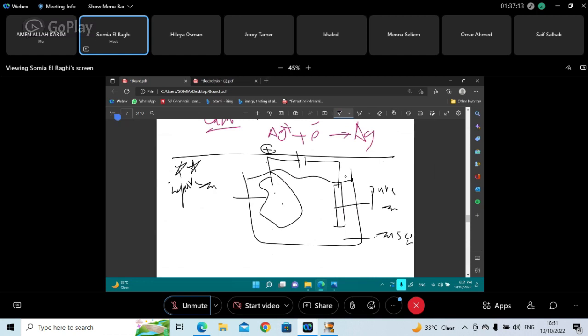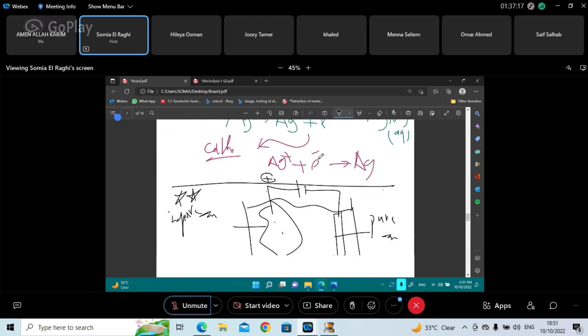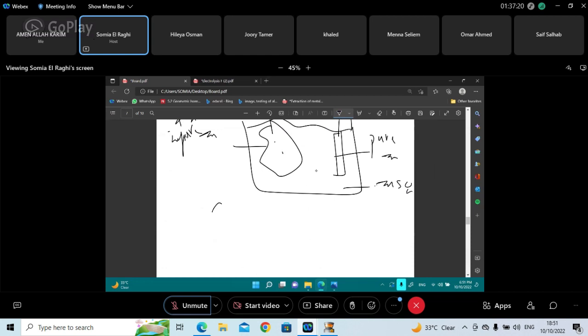The equation is the same equation we wrote here. One equation and you flip it. So the anode always dissolves. Dissolves means forming ions. Remember, the anode is positive, so it forms a positive ion.